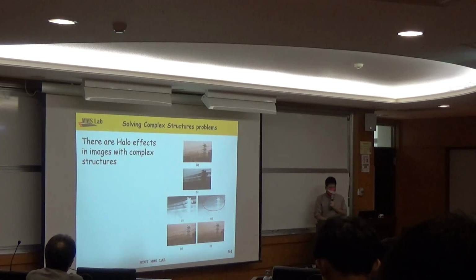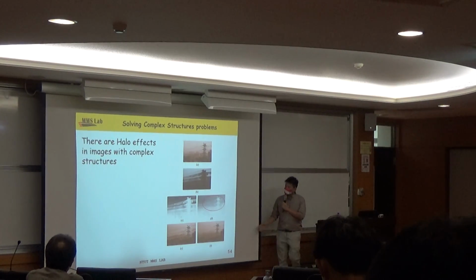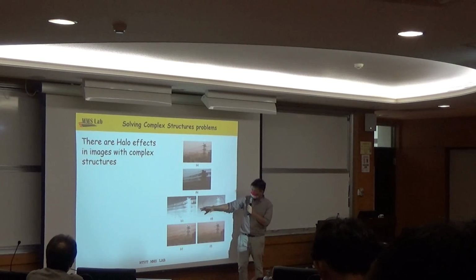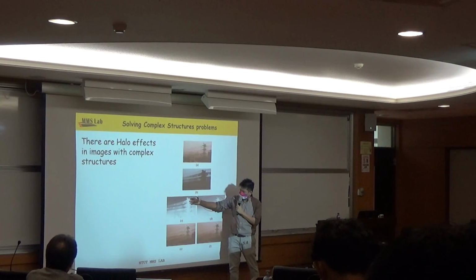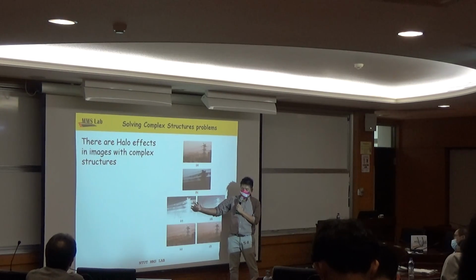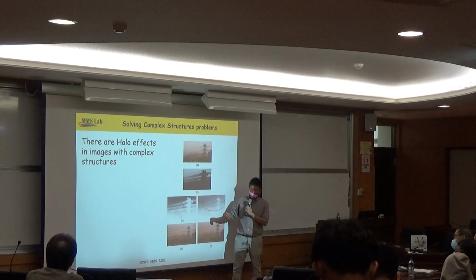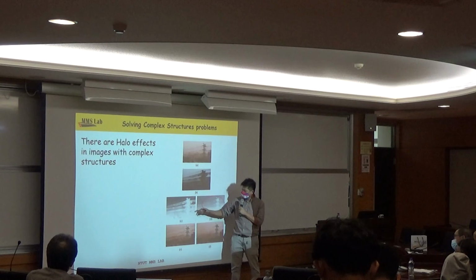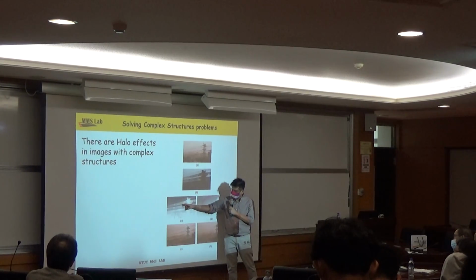And also you can see this is called the complex structure problem. In this, other methods want to get the estimated depth and how many particles are between the object and the camera. So they will have the structure like this way.